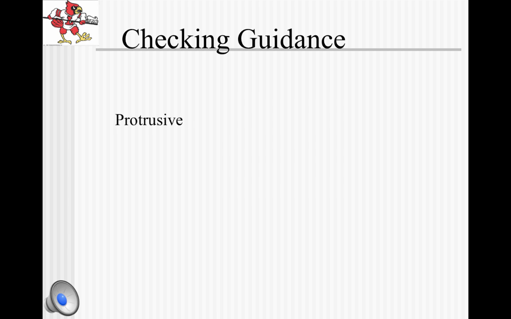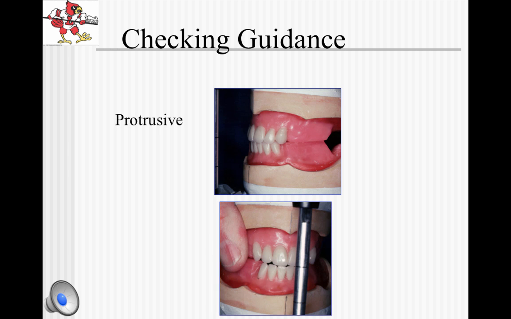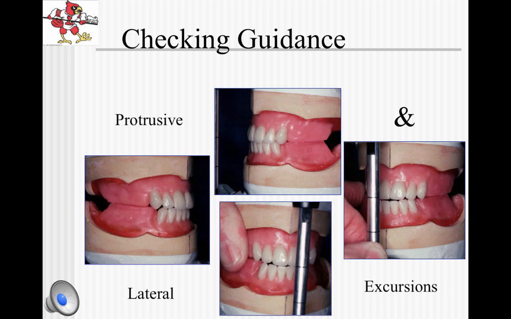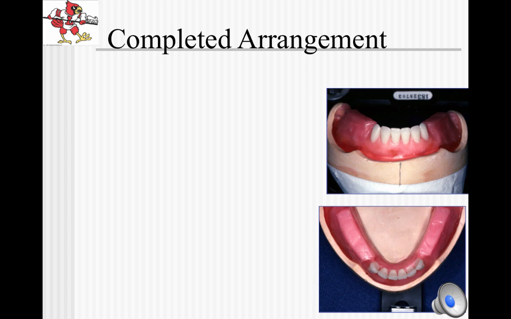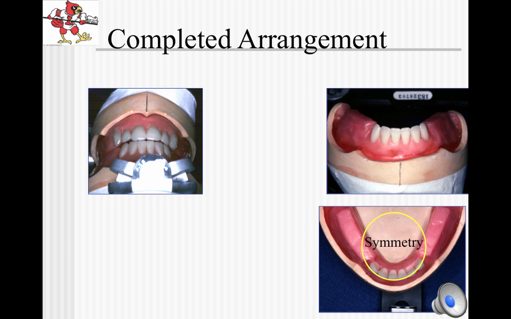Here is what the case will look like in the protrusive and lateral excursions. Both movements will show that there is kissing contact between the upper and lower anterior teeth. On this completed arrangement, the overjet is approximately 1 millimeter.